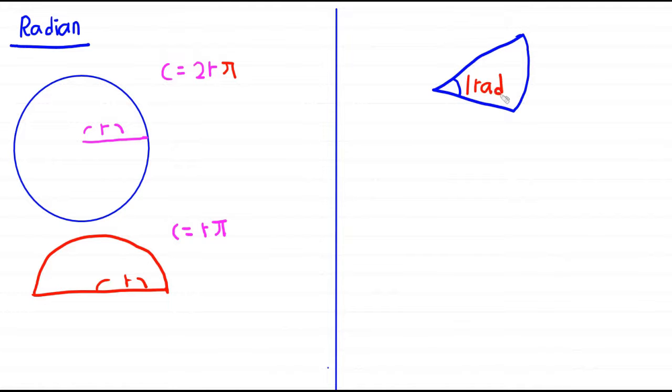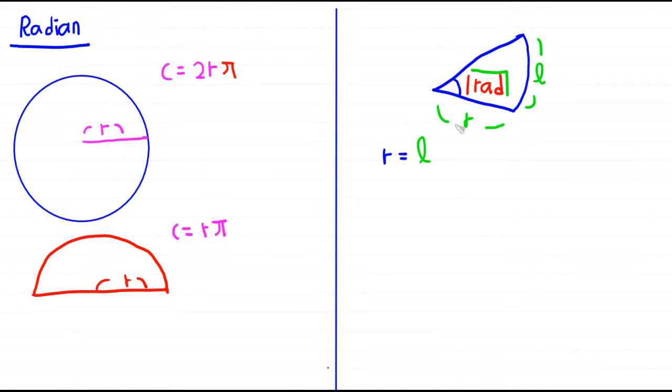I'll write RAD, and I will call this length L, and I will call this length R. We can only apply radians when the value of R is equal to the value of L. If R is equal to L, then we can define this angle as 1 radian instead of using degrees.